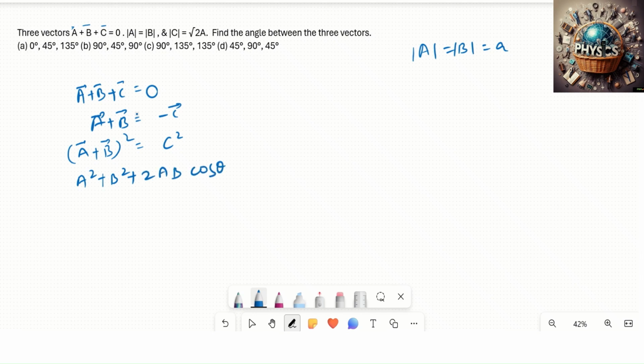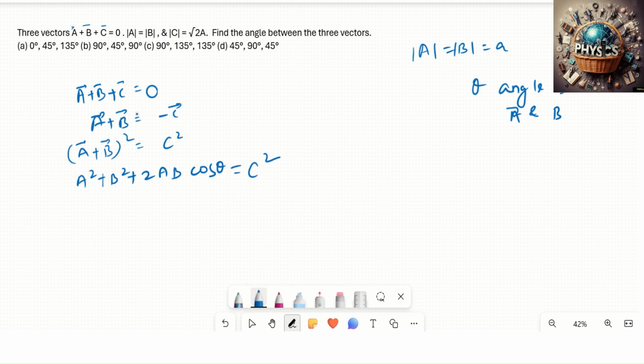Let us assume theta is the angle between A and B. The square root is removed because of the square, and it is equal to C square.